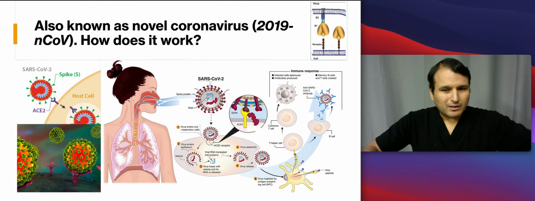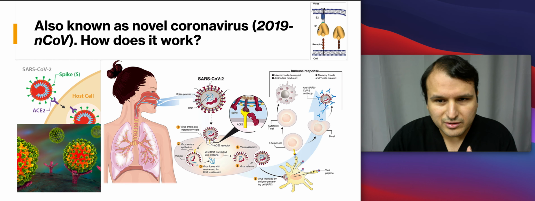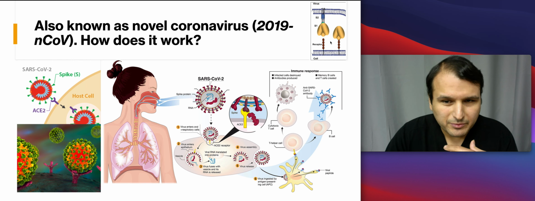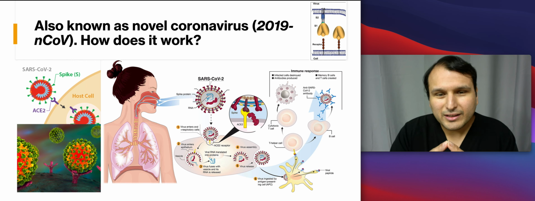This shows the spike protein that you see here, this is the S2 and the S1 unit, just so you can know. This receptor, this locking key, is the important thing that I'm going to talk to you about.